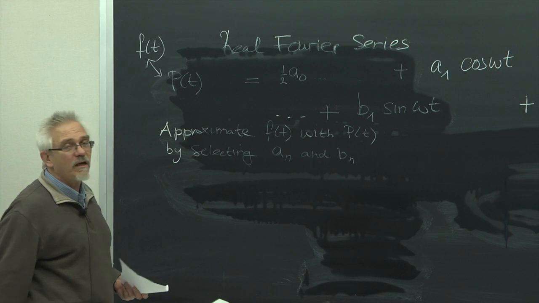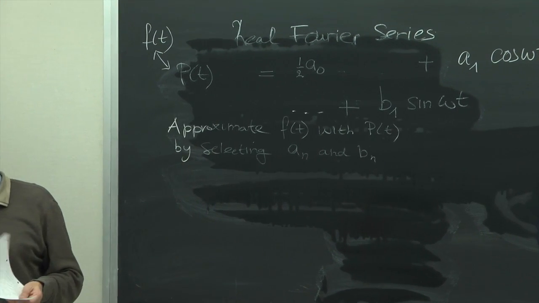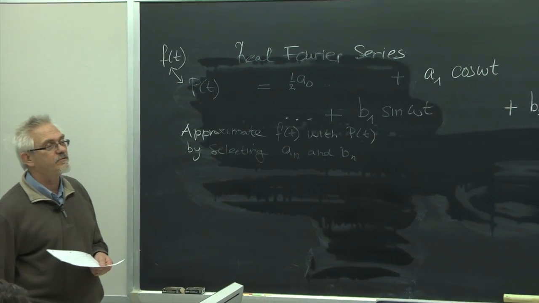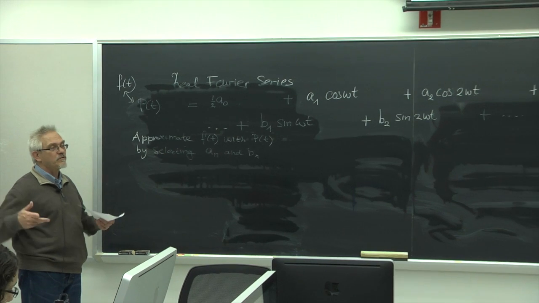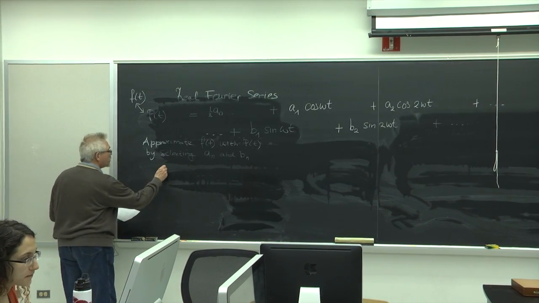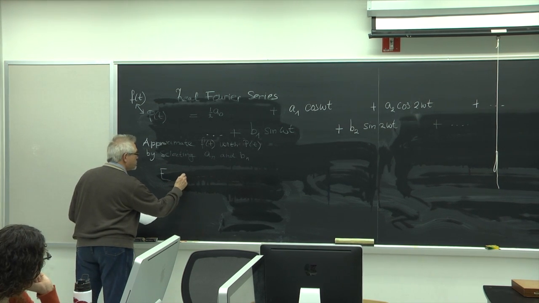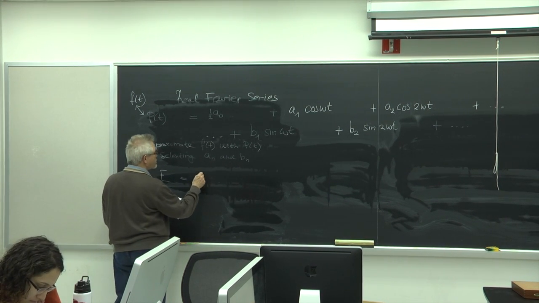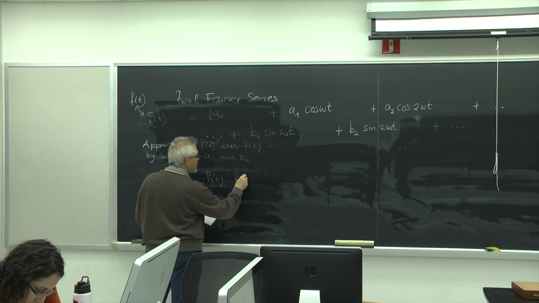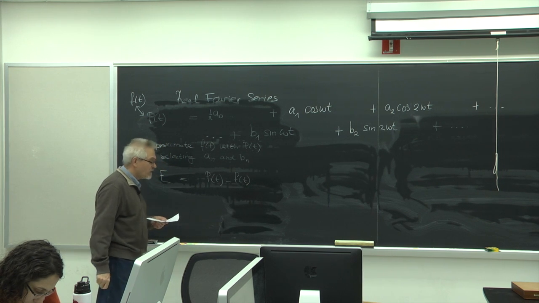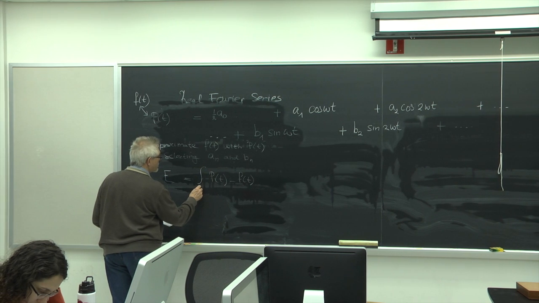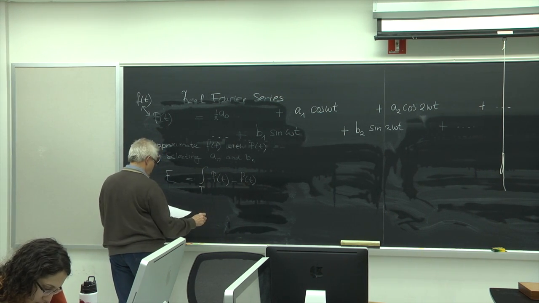A common way in signal processing, and this is something you will see again and again, is that if you have a model and some measurement or data set, you define some kind of an error, and that is the difference between my series and the function that I want to approximate. And usually you do that over some period of time.